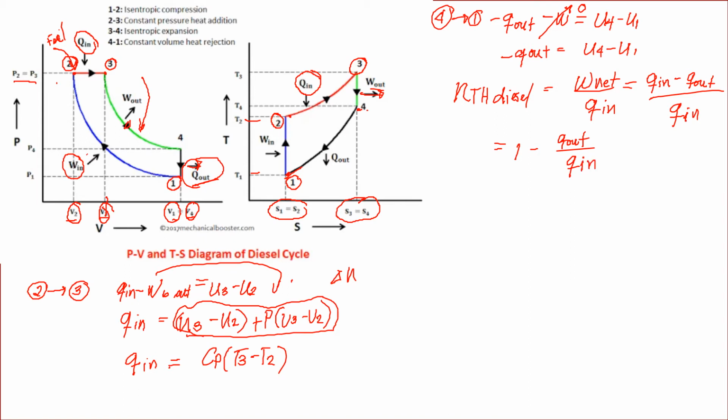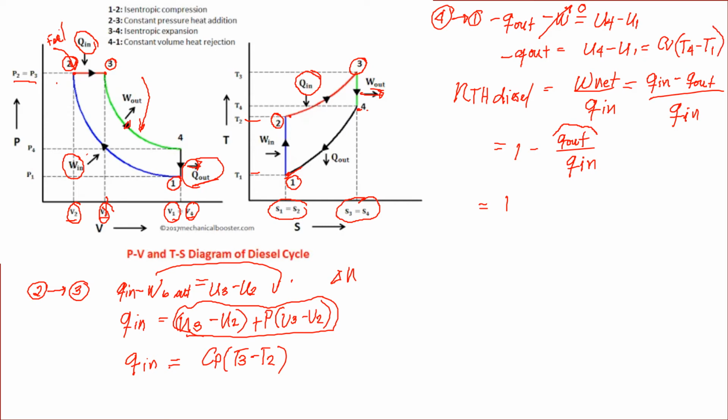Okay, and if we substitute the Q out first, so we have it's just equal to 1. So take a note, this becomes Cv (T4 minus T1).